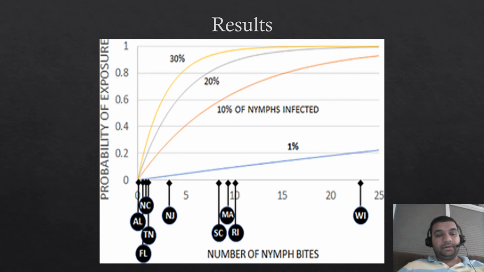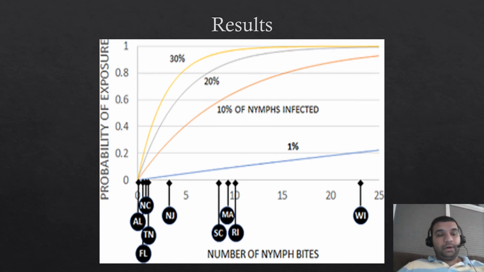Along the horizontal axis, most of the northeastern states along with Wisconsin have higher infection rates versus the southeastern states. Almost besides New Jersey, the south has much lower levels of infected nymphs, larvae, and reservoir hosts. This shows the whole point of this paper.